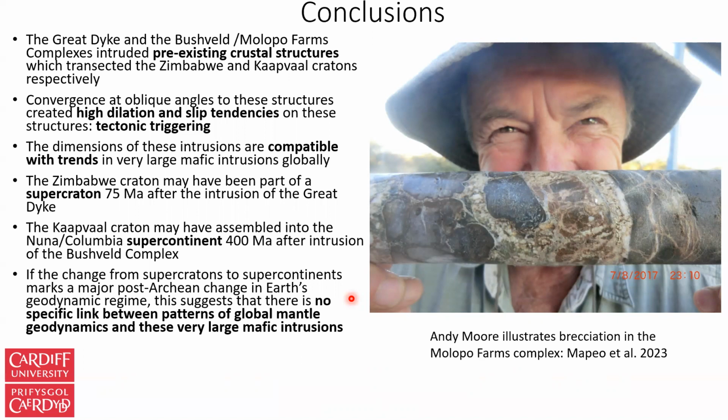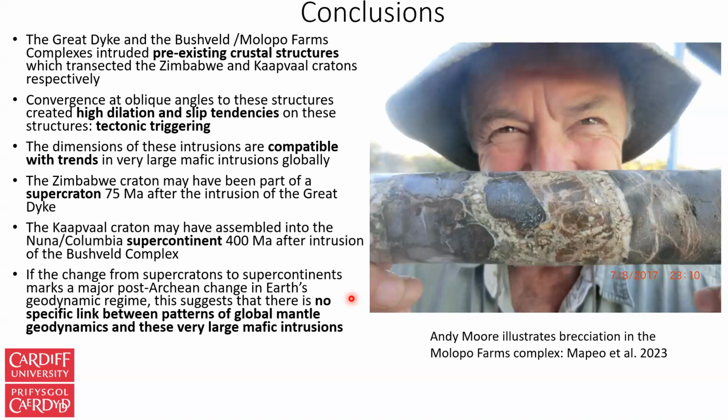We've seen that supercratons occur. At least one supercraton may have formed involving the Zimbabwe craton shortly after its intrusion, and the Nuna or Columbia supercontinent formed a rather longer time after the intrusion of Bushveld.